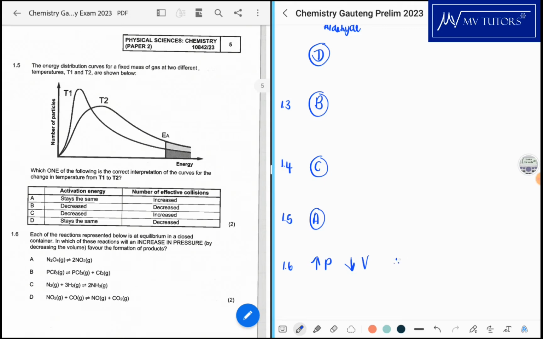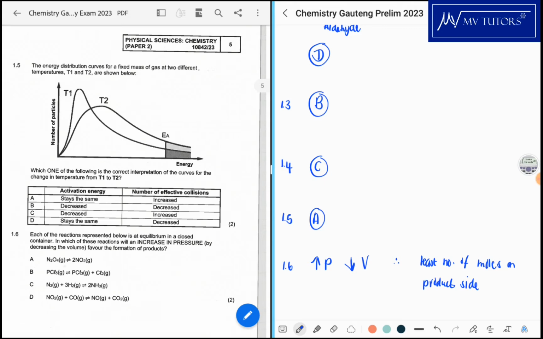Therefore, we're looking at the least number of moles on the product side. That is what we're looking for as the answer. Firstly, we need to check, is everything a gas? It's very important. Okay, so everything is a gas, so yes, we can continue.